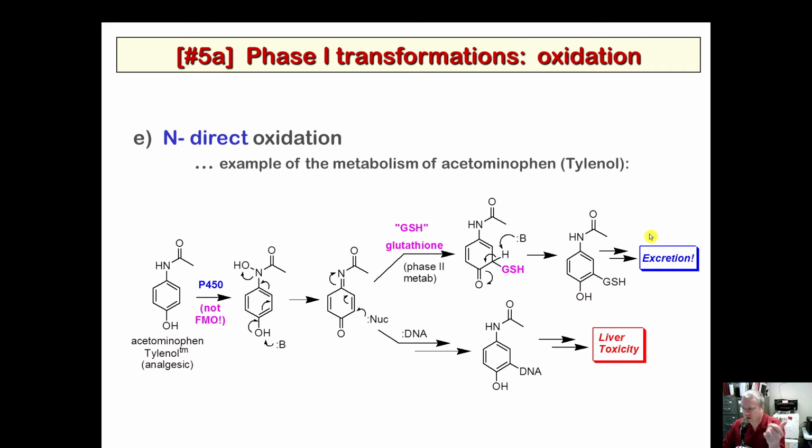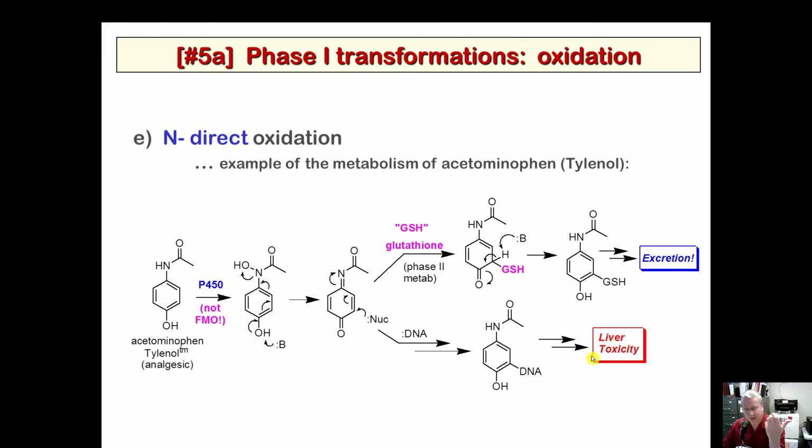But then the other problem is when DNA, or we'll say liver proteins and cytochrome P450 nucleophiles, attack and have this molecule attached to your biological nucleophiles. Then that leads to liver toxicity.